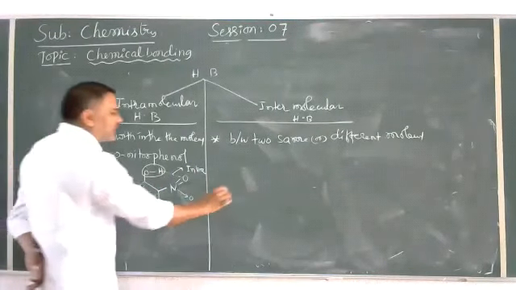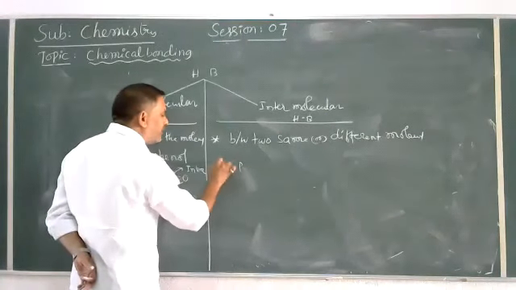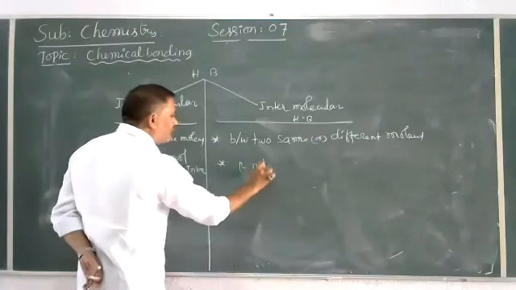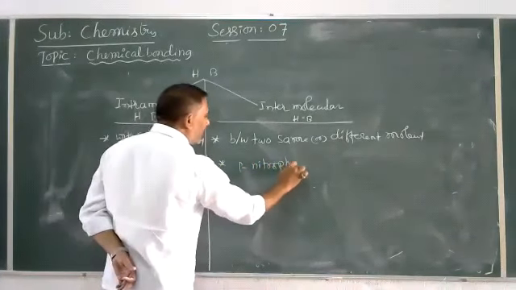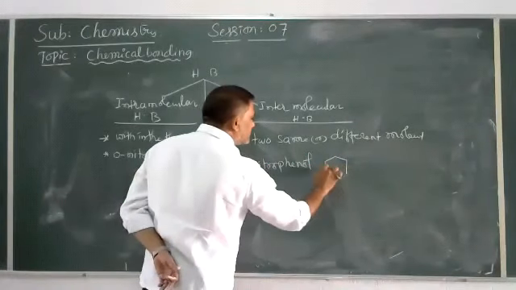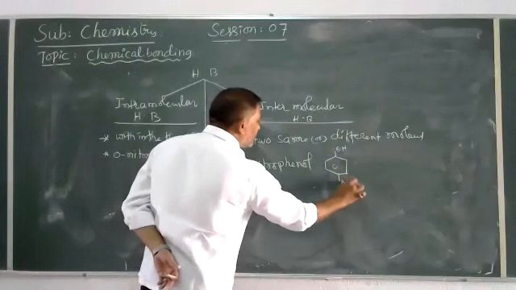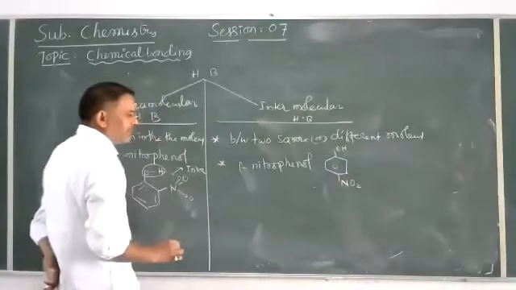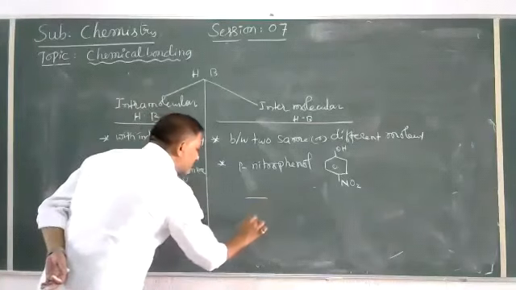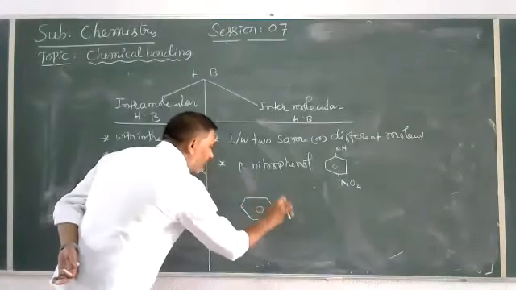Whereas in this case, I'll take paranitrophenol. This is p-nitrophenol. In this paranitrophenol, this is the benzene, with OH, and at the para position an NO2 group is present. I'll take it like this.